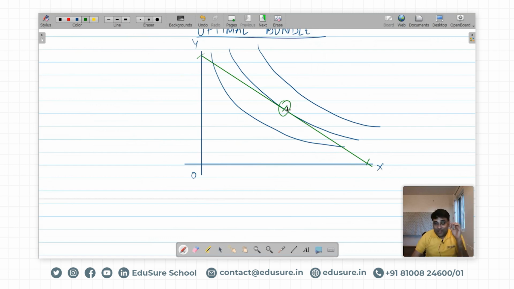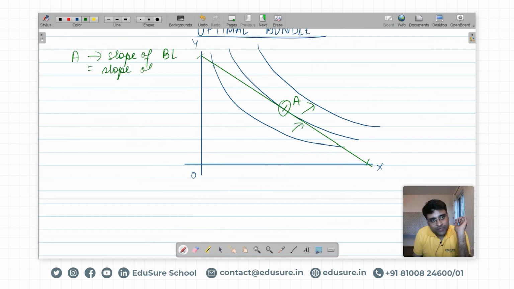Take a look at this point. This point is where the slope of the budget line is the same as the slope of the indifference curve. The indifference curves are like this, and I know that utility is increasing. So given this green budget line, the highest indifference curve achievable would be at point A. At point A, we can see that the slope of the budget line is equal to the slope of the indifference curve.